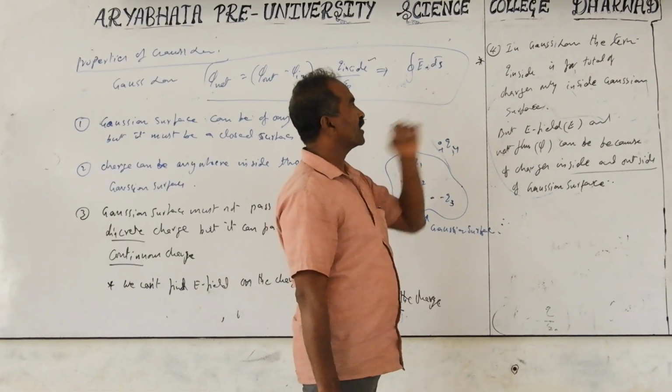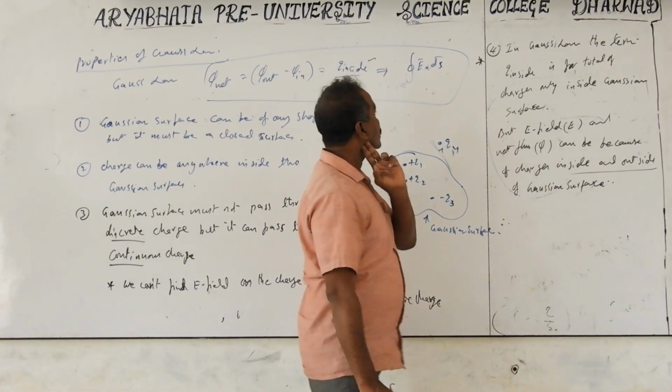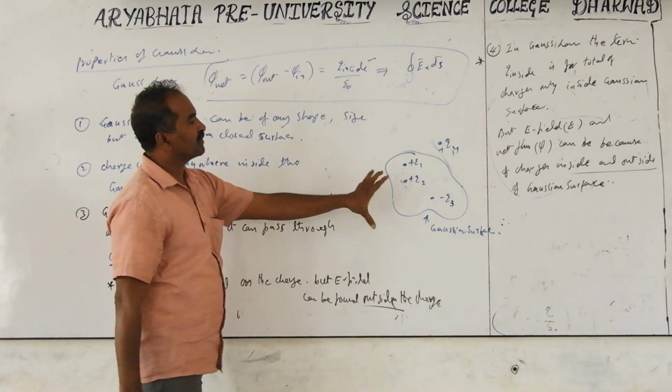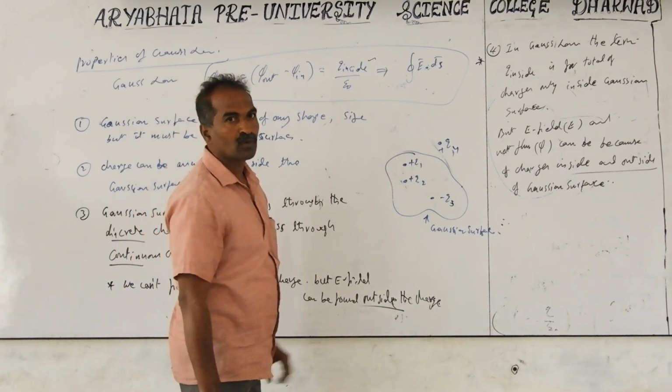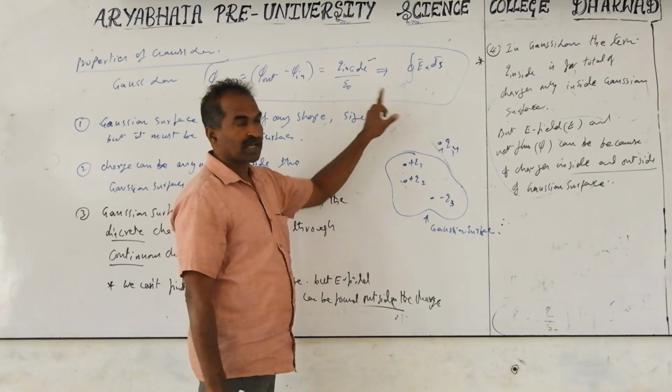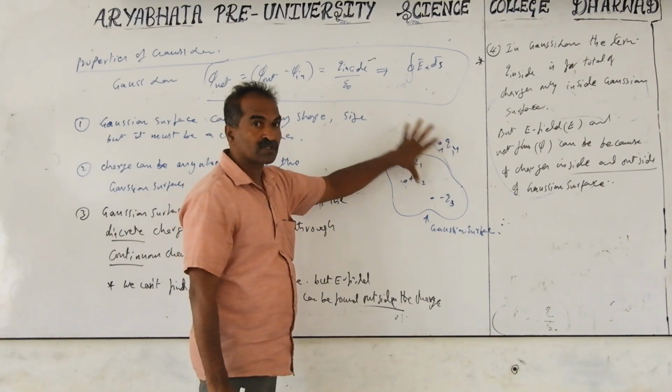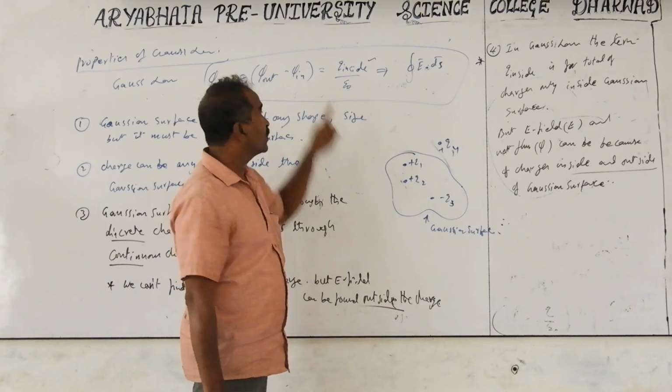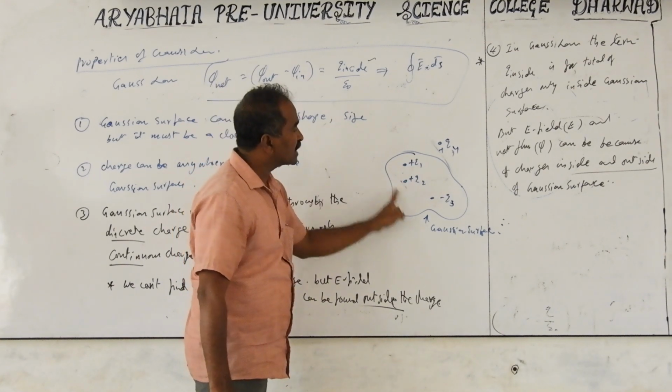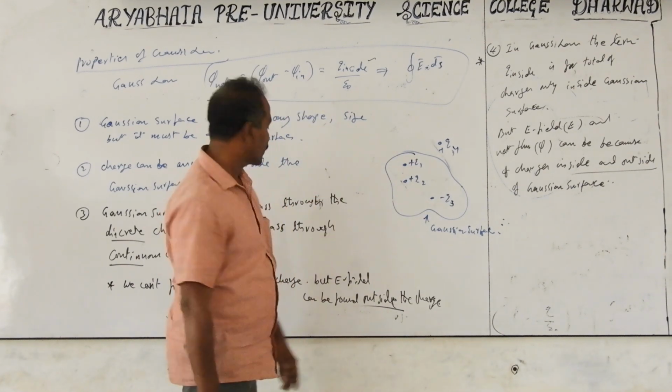This point is important and will be asked multiple times in competitive exams. They will ask which charges are considered for which case. For electric field and electric flux, inside and outside charges, all charges will be considered. But for the q inside term in Gauss law, only charges inside the Gaussian surface will be considered.